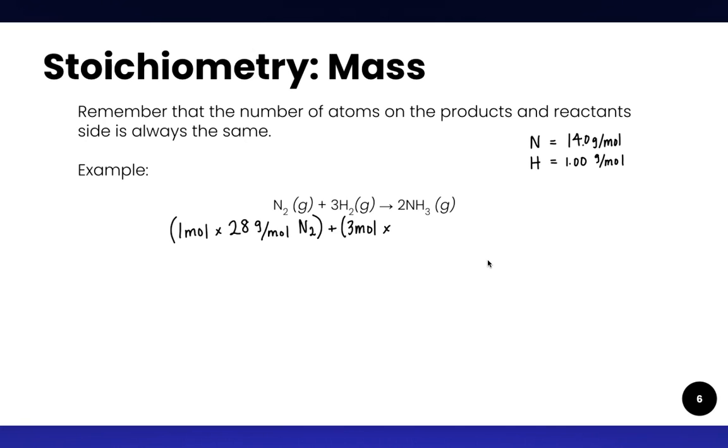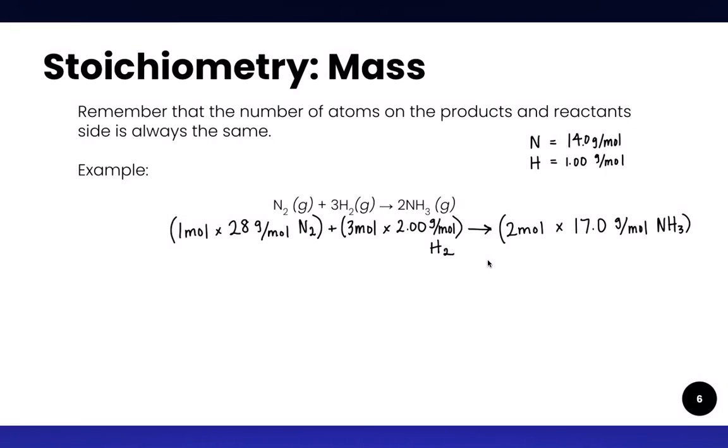You're going to add that to 3 moles times H2's molecular mass, which is 1 plus 1. That will react to form 2 moles times 17.0 grams per mole. And that is for NH3. Whoops, sorry, and this one is for H2.